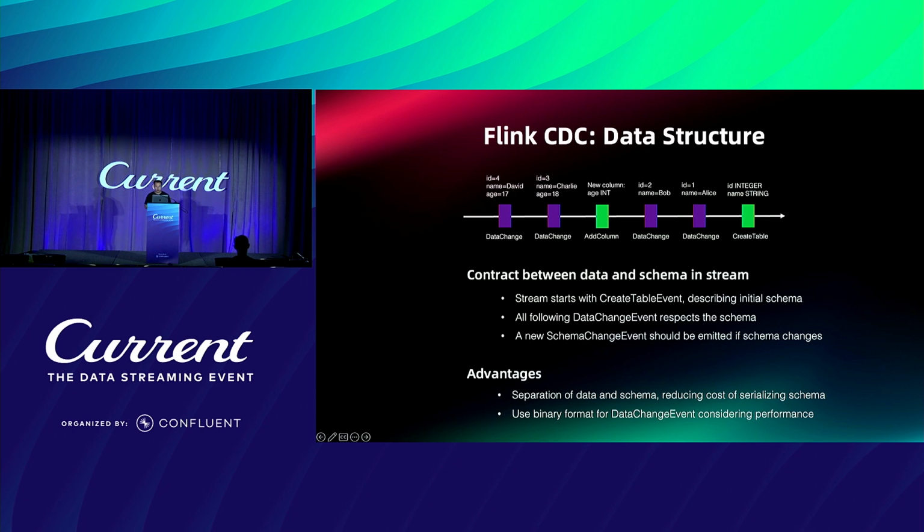Second one, all following data change events will respect this schema. At the last, a new schema change event should be emitted only if the upstream system has a schema change.